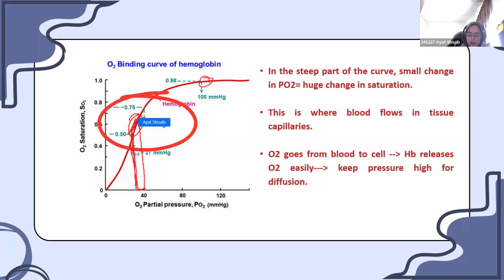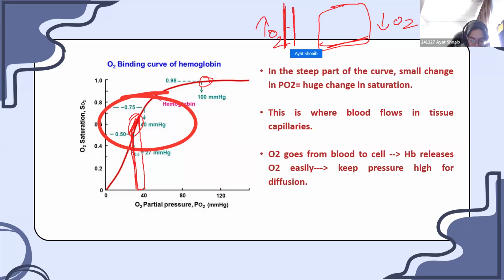This is where blood flows in tissue capillaries. If you have a blood vessel and you have a tissue, the tissue has less oxygen and the blood vessel has more oxygen. So again, by diffusion, the oxygen is going to move from the blood vessel to the tissue, from an area of higher to an area of lower concentration, because your tissue needs more oxygen, right?